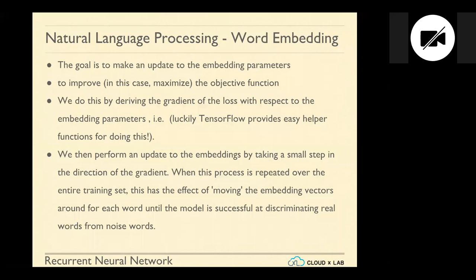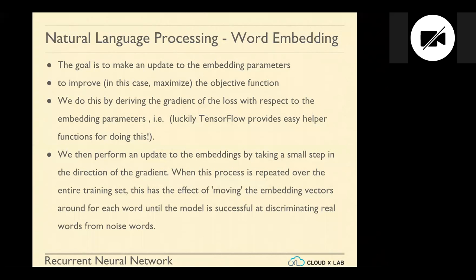All right. And we then perform an update to the embedding by taking a small step in the direction of the gradient. When this process is repeated over the entire training set, this has the effect of moving the embedding vectors around for each word until the model is successful at discriminating real words from noise words.